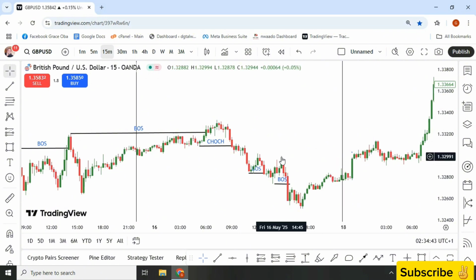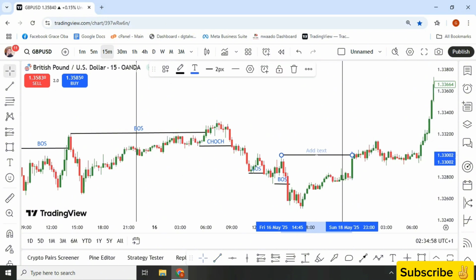It broke this structure from here. From this downtrend, it broke the structure from here, right? And you still call this a break of structure? No, this becomes a change of character. This is because it's changing its course to a new direction. And you can also call it a market structure shift.